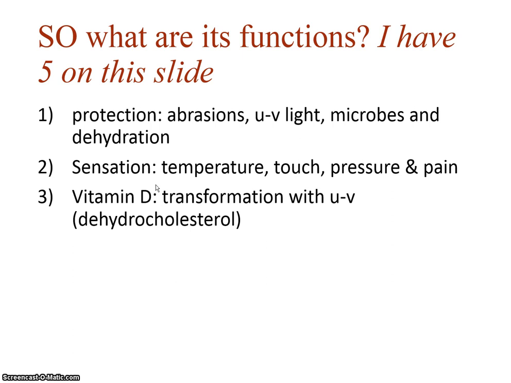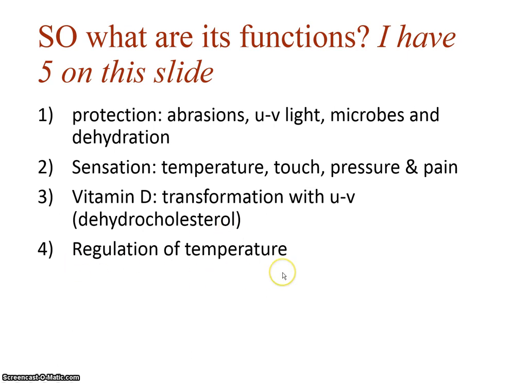And this starts the process of getting us active vitamin D. This compound that we start with in the skin actually then moves into the blood system and goes to the liver and finally ends up in the kidneys. And then once we have activated vitamin D, it helps us with our absorption of calcium.